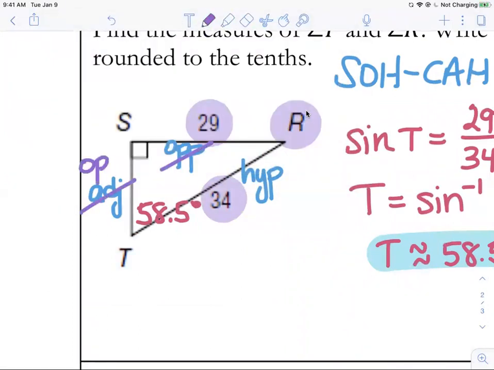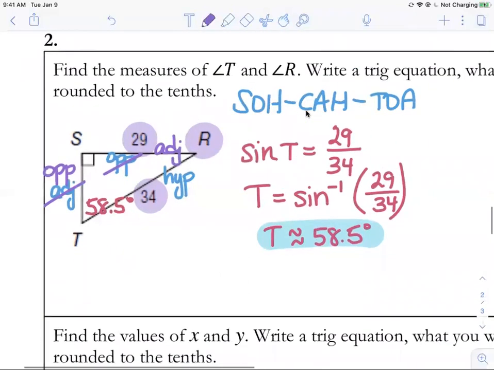Opposite would be over here, and adjacent would be the 29, and the hypotenuse would be the 34. So if we did angle R with trigonometry, we could say adjacent over hypotenuse. 29 over 34 is the cosine of angle R. That'd be cosine, adjacent over hypotenuse.